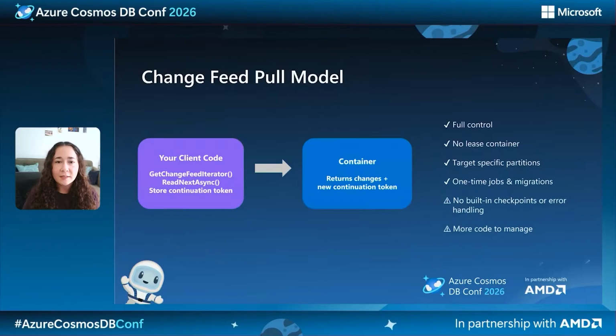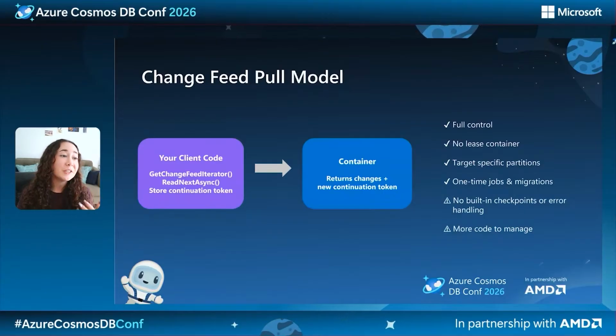The last option is the change feed pull model. This model gives you the most control over how to read the change feed, but also means you need to have all the safeguards put in place yourself. So there's no lease container for maintaining state. You instead use continuation tokens, where you're responsible for storing and maintaining those continuation tokens. You're responsible for any error handling.